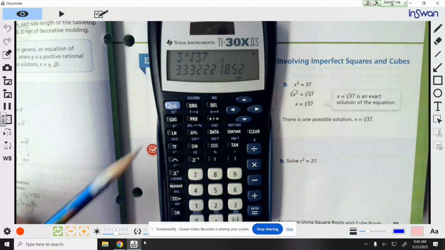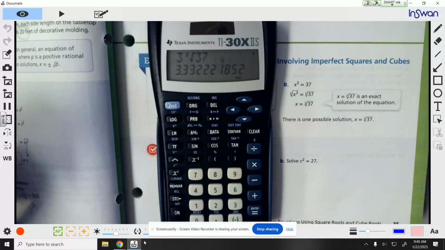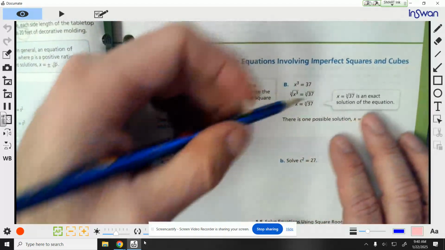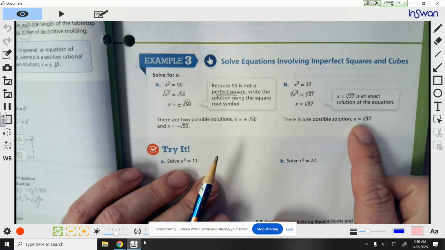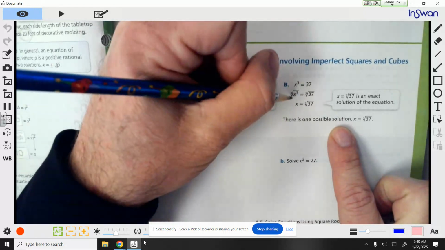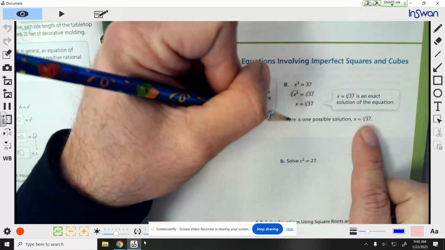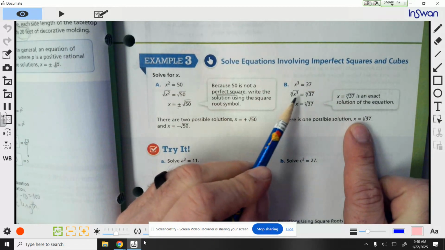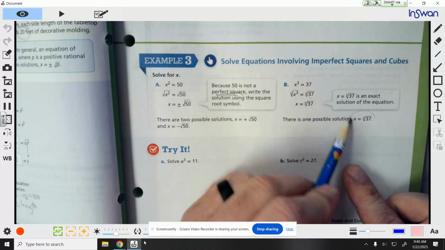And we get a decimal answer. So that decimal answer means it's not a perfect cube. If it's not a perfect cube, again, they don't want you to write with decimal form. They want you to write with the root symbol. So they say the answer is just the cube root of 37. Again, there's only one answer. There's not two because this was a positive number to start with. So I get a positive answer there.